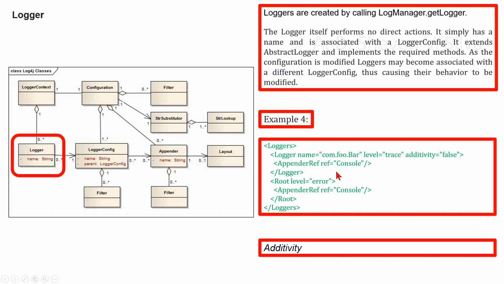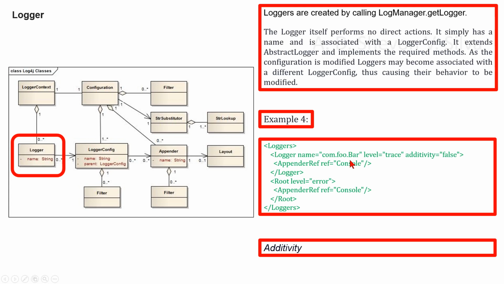And notice that without the additivity part here, the trace messages from com.foo.bar appear twice. This is because the appender associated with the logger com.foo.bar is first used, which writes the first instance to the console.